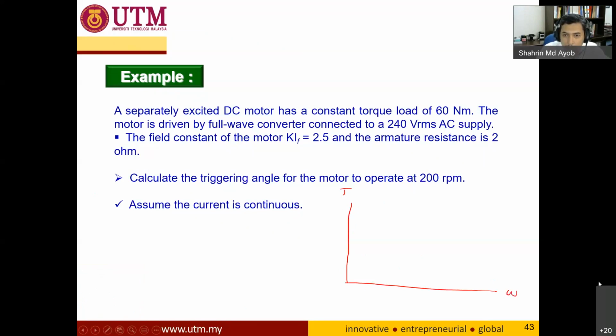I draw my load torque, which is the constant torque load, which is this one, meaning that it is independent of speed, meaning that it is a constant torque. So this is your torque load. The value is 60 Newton meters.